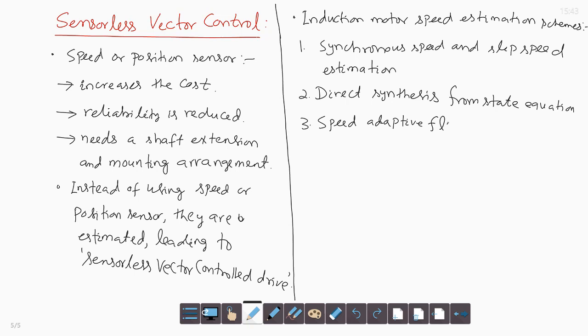Speed adaptive flux observer, which uses the Luenberger observer. Also, extended Kalman filter can be used.